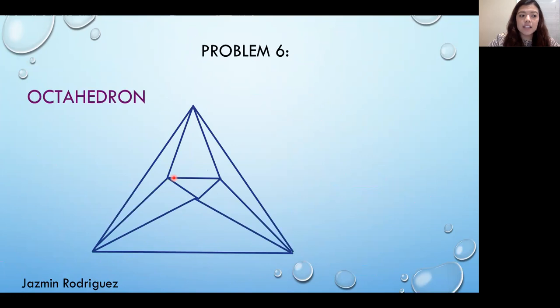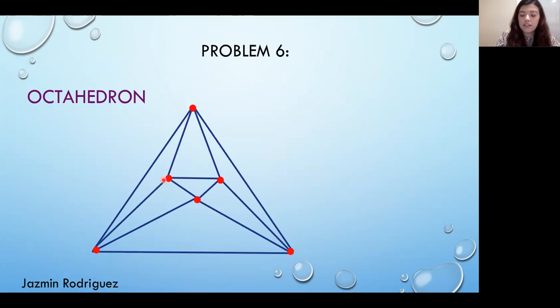The next thing is that it has to have 6 vertices. So let's see if we have that correct. There's 1, 2, 3, 4, 5, and 6. And as we can see, we have that correct because all of our edges here connect at these 6 vertices. And then the final characteristic is that our octahedron is going to have 8 faces.